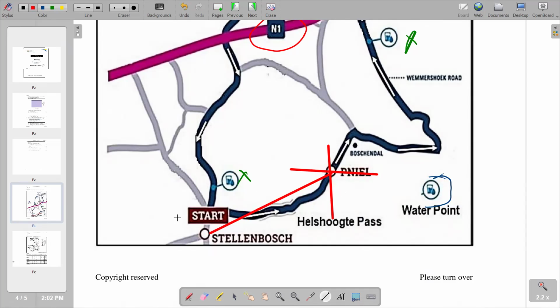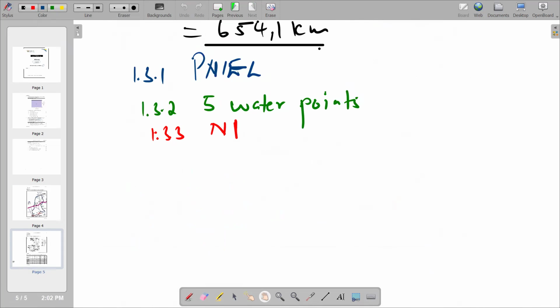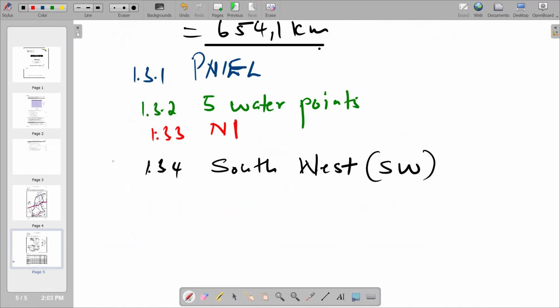So we can see that with the labels of our directions, we have our north, our east, our west, and then our south. So Stellenbosch, we see that it's in the middle of west and south. So it's going to be southwest. So Stellenbosch is southwest of Pinel. So that's how we can come up with that direction. So we are now saying 1.3.4, which we can abbreviate as southwest. So that's what we have.